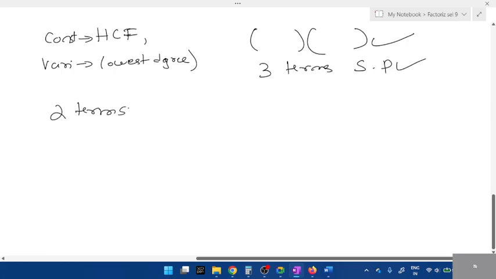So whenever two terms are given, we always use a square minus b square. What is the a square minus b square answer? a plus b into, no. a plus b into a minus b.